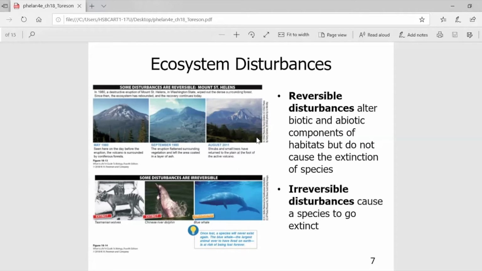So plants have started to regrow and wildlife has returned to the area. Irreversible disturbances are changes to habitats that cause a species to go extinct. And of course, once a species is extinct, it is gone. So these are irreversible disturbances.